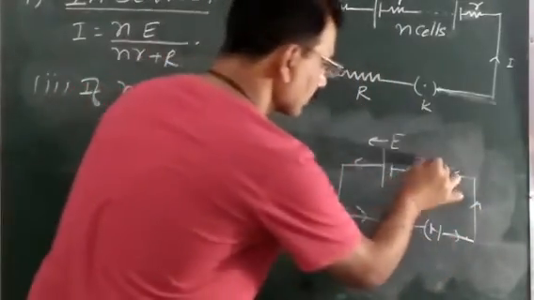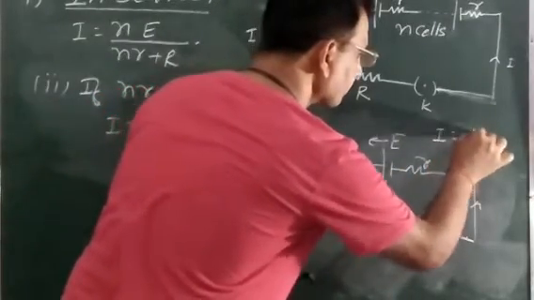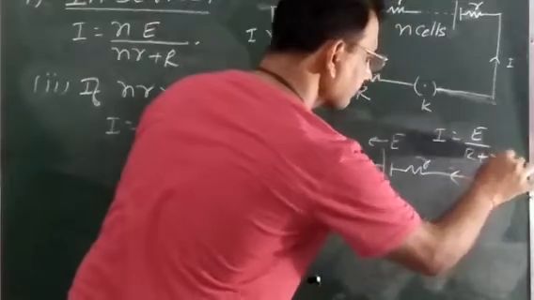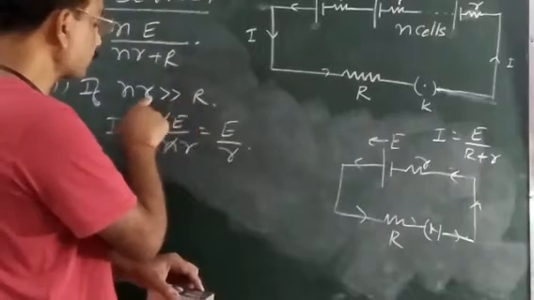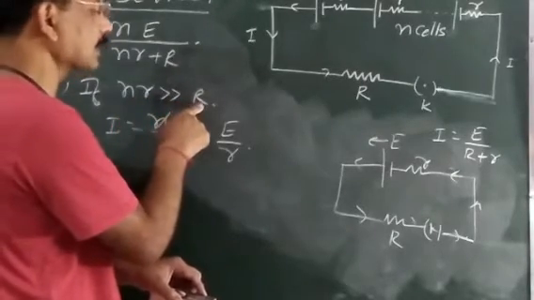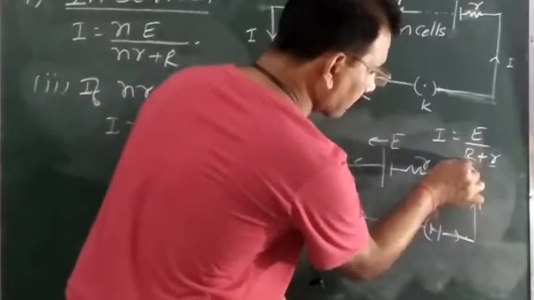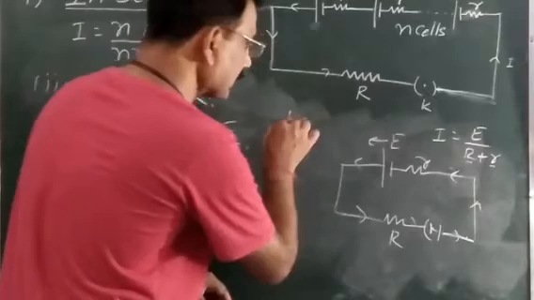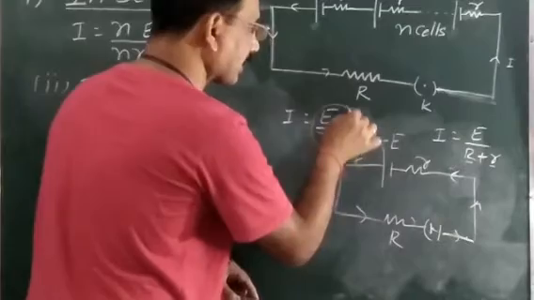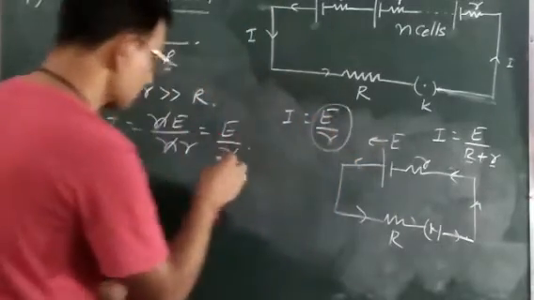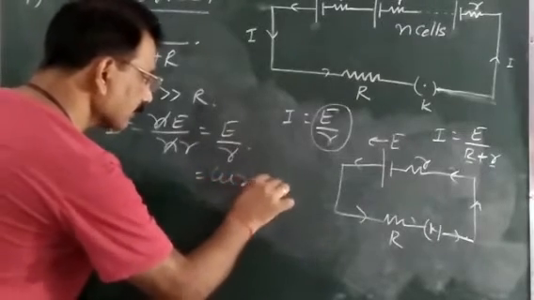Then in this case you can say the current due to this one cell I is equal to E upon r plus R. And if r is very large in comparison to capital R, meaning the internal resistance of the cell is very large in comparison to the external resistance, then you can write I is equal to E upon r. It means I is equal to E upon r is the current due to one cell. And here you are getting I is equal to E upon r, which is the current due to one cell.